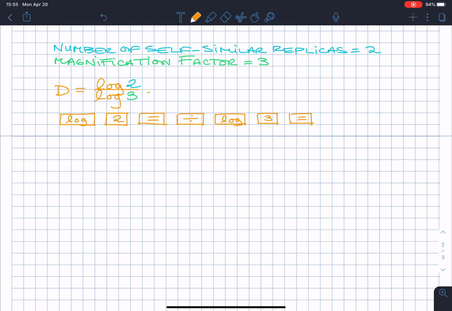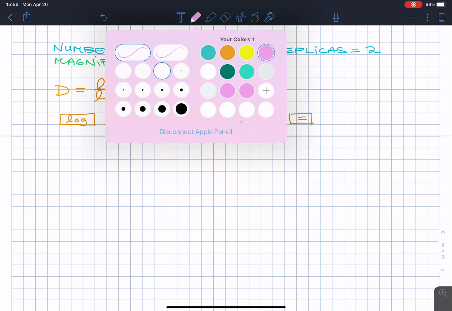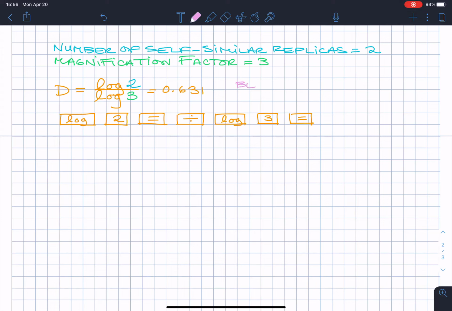And what I got for that was 0.631. And notice this is between a point, D equals 0, and a line, D equals 1.